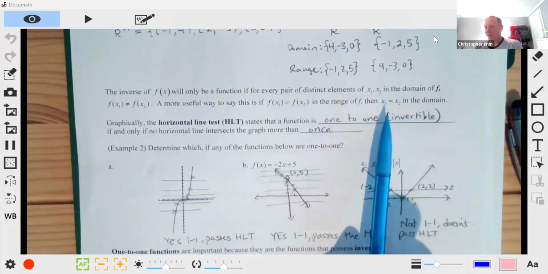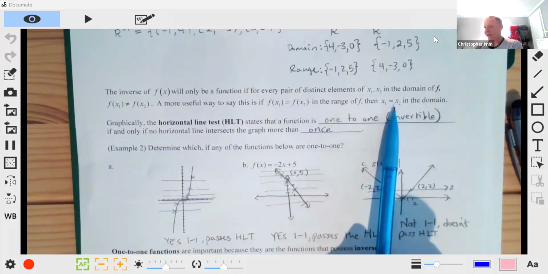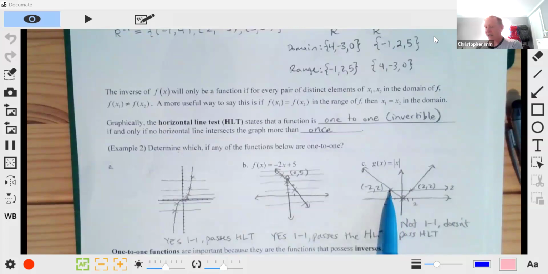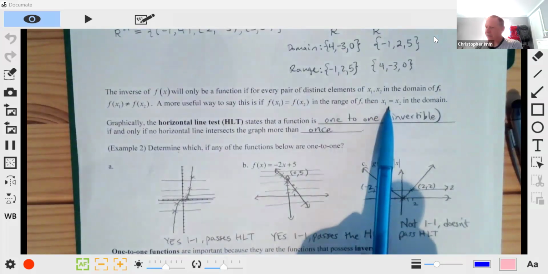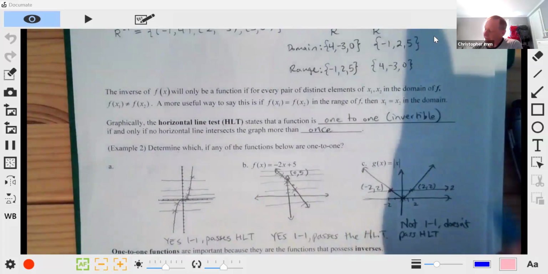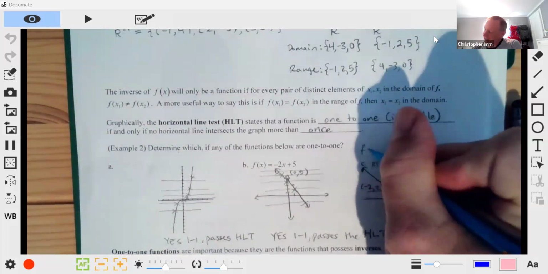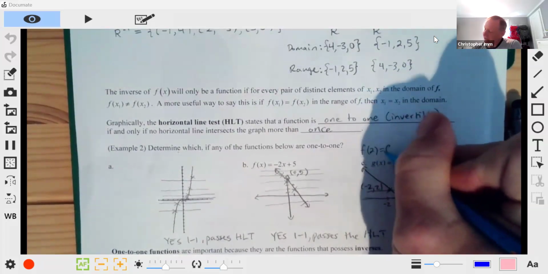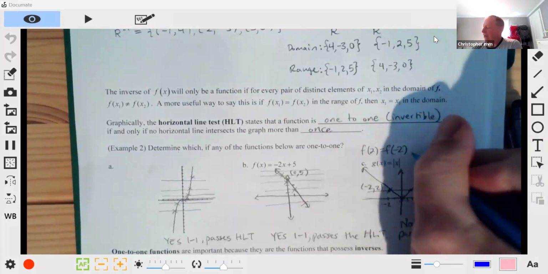So if it's 1-to-1, they're supposed to come from the same x value. But notice that this one came from -2 and 2. So it came from 2 different x values. These weren't equal. So that's a way to algebraically show that this is not 1-to-1. So you would have f of 2 is equal to f of -2.